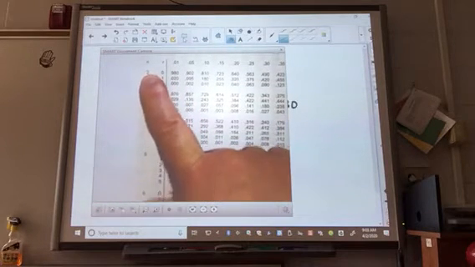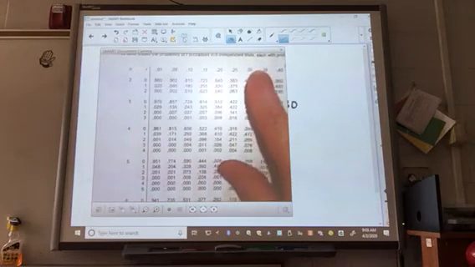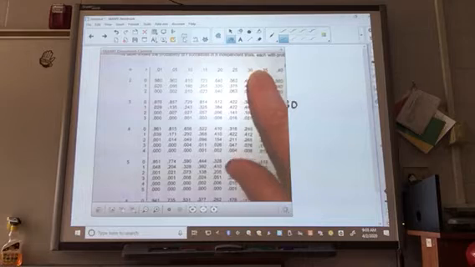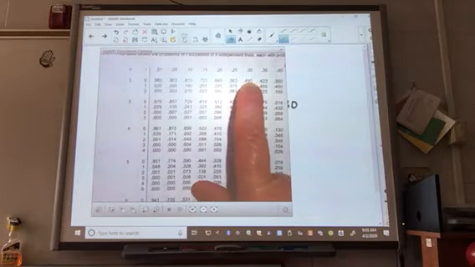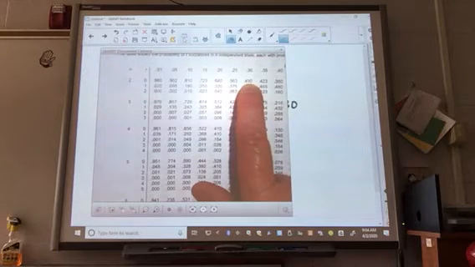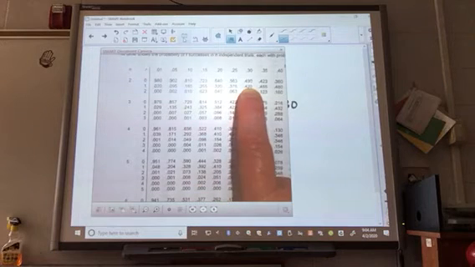All right, we need to find a probability of 0.30, which is up here across the top. And we need to find an x value of 1, which is right here. So you have to line all of those up. So n is 2, the probability is 0.30, and x is 1, which is right there. I had my finger on the wrong one. So the answer is 0.420.